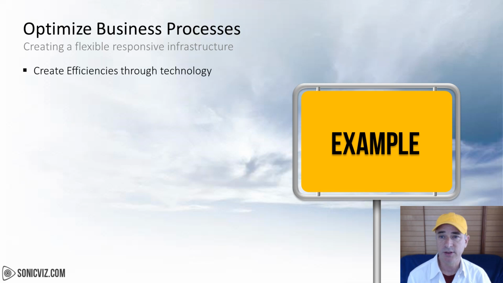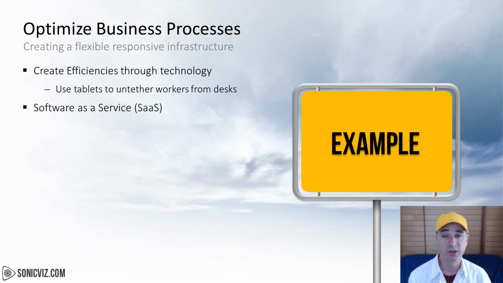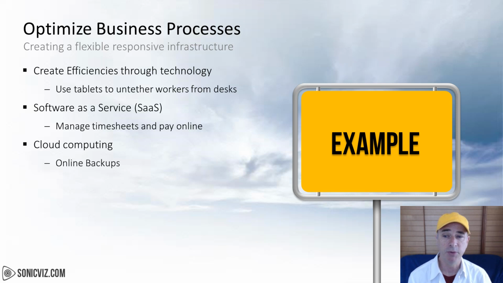So some examples, as we mentioned. Creating efficiencies through technology, using tablets to untether workers from desks. That could work on shop floors, in offices, everywhere. Software as a service, you could outsource to a software service that manages timesheets and does your payments online. Cloud computing, online backups.